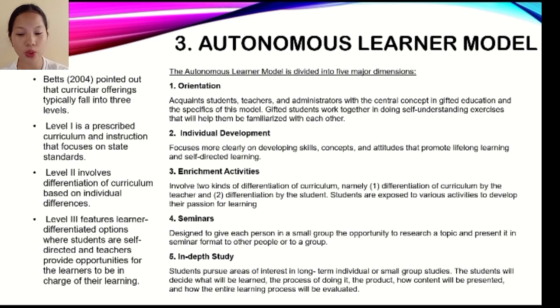Gifted students work together in doing self-understanding exercises that will help them be familiarized with each other. So the students are expected to develop an advanced learning plan as part of their orientation experience that includes information about their giftedness, various personal and academic needs, learning experiences they might need, and other things that will help them succeed in school.